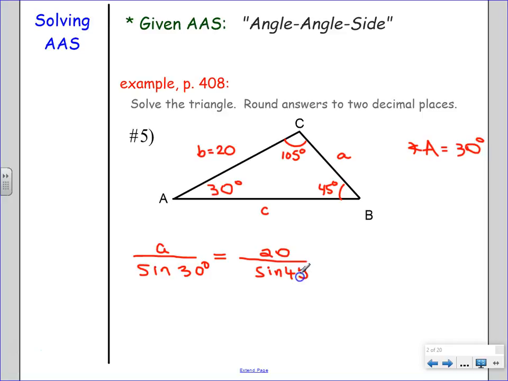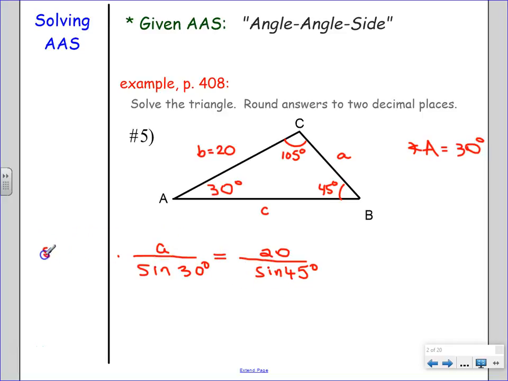Kiddos, at this point, the name of the game is solve it, and some of you are going to like to do this different ways. How many of you, looking at that expression, right away say cross multiply? Okay. How many of you just say, whatever, multiply the sine 30? Okay. Either way works. And to be honest, in this case, multiply the sine 30 is faster. If you cross multiply, you'll have sine 45 times a, you still have to divide.